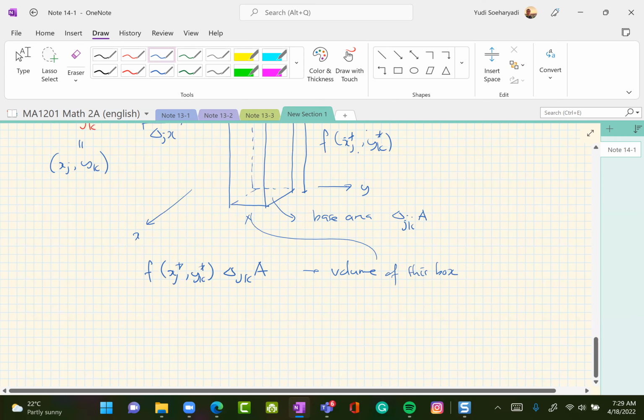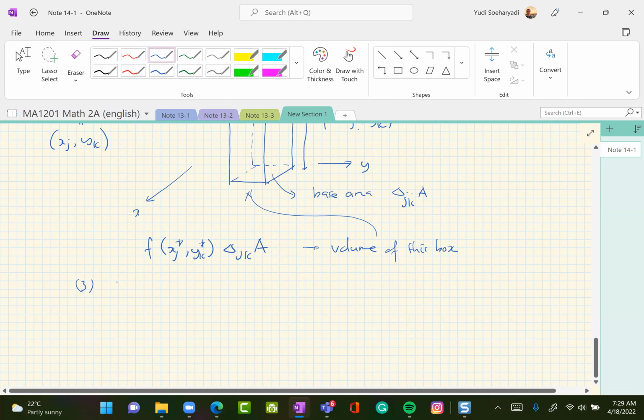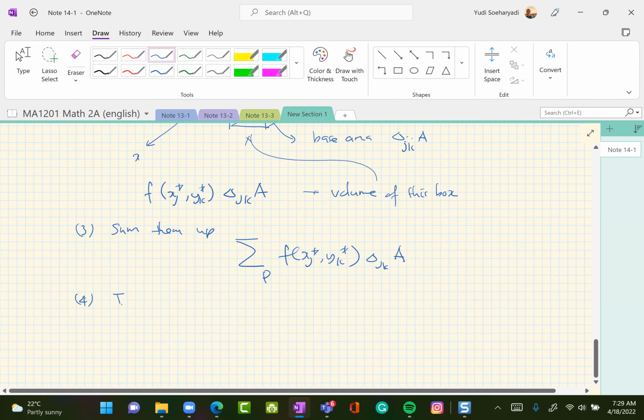All right, and the third you sum over these partitions f of xjk star delta jk A, and take limit as the partition gets finer and finer.